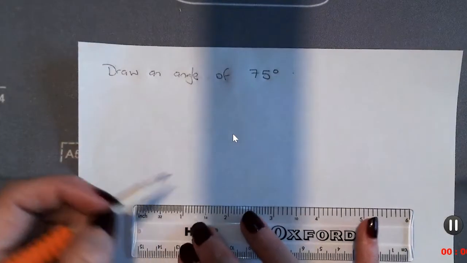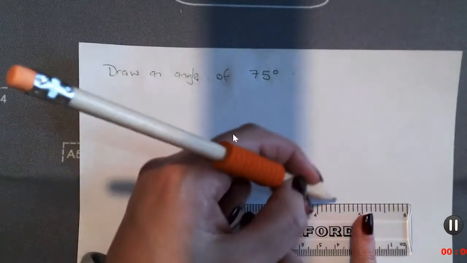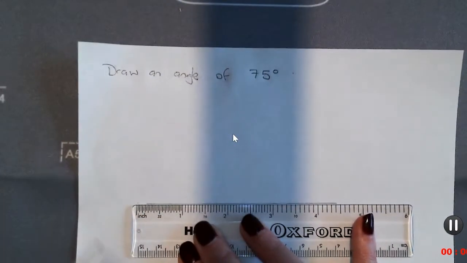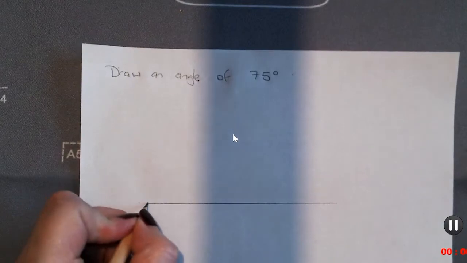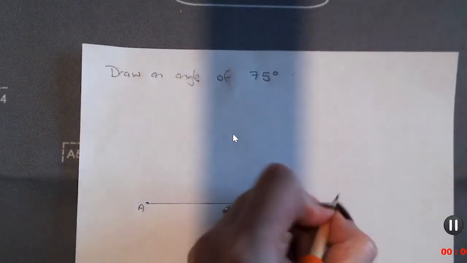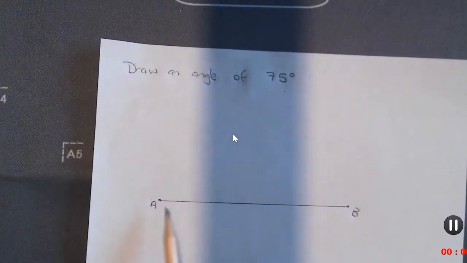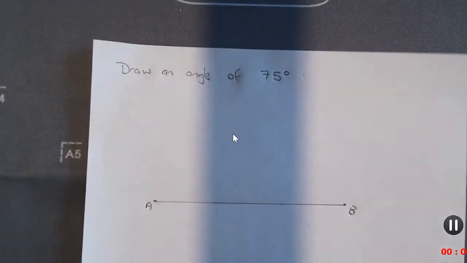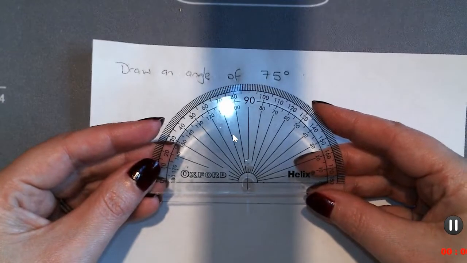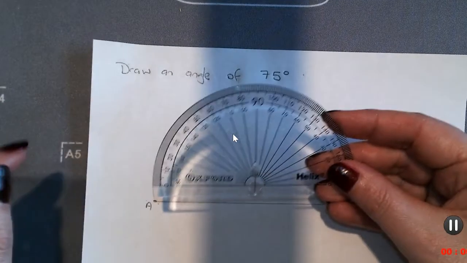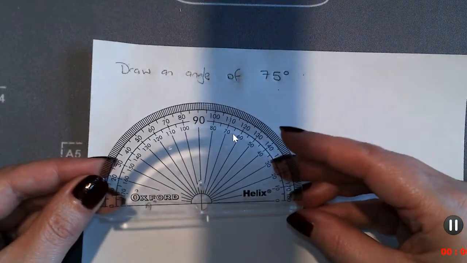So you draw your given ray, which is a line as such, and I'm going to label it AB. I'm going to draw an angle of 75 degrees at A. To do this, you need your protractor, part of your maths set.